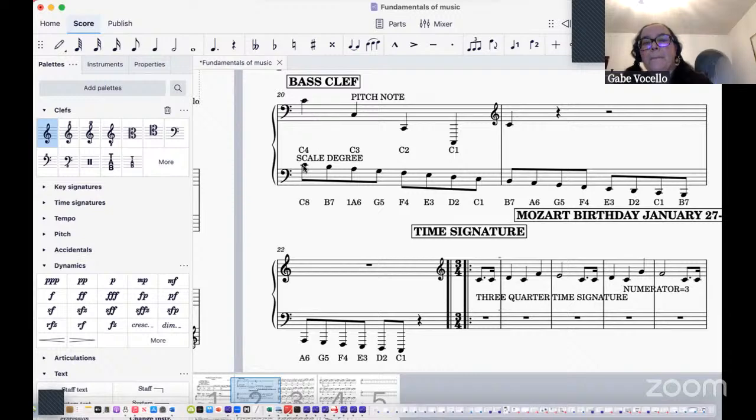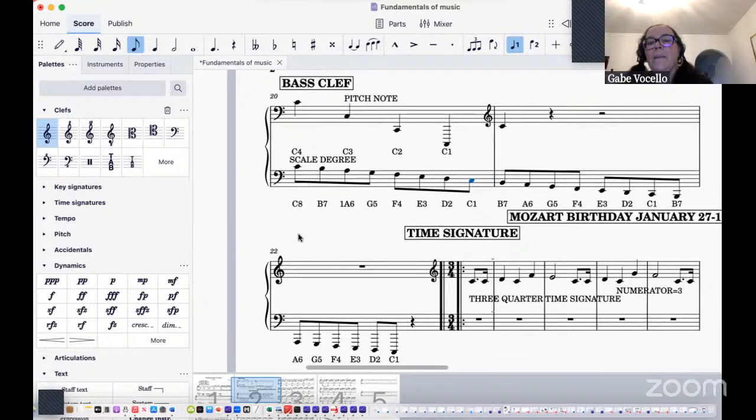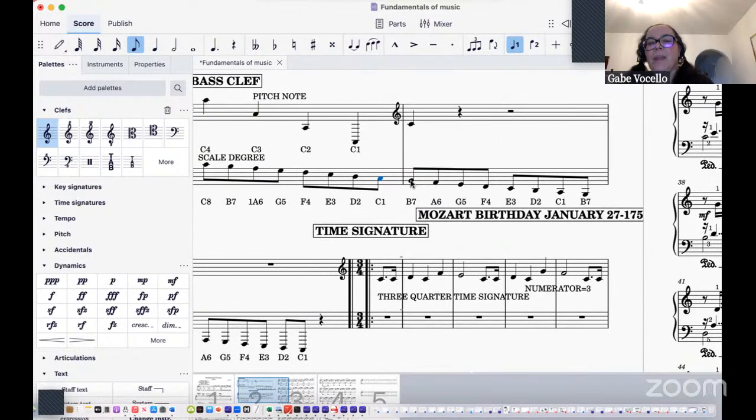C4, B3, A3, G3, F3, E3, D3, C3, those are the pitch notes, the notes within the scale. B2, A2, G2, F2, E2, D2, and C2.